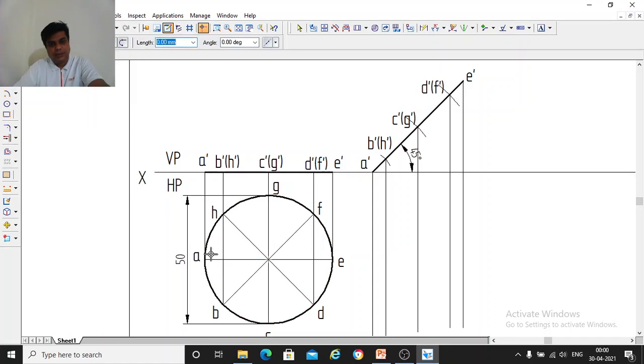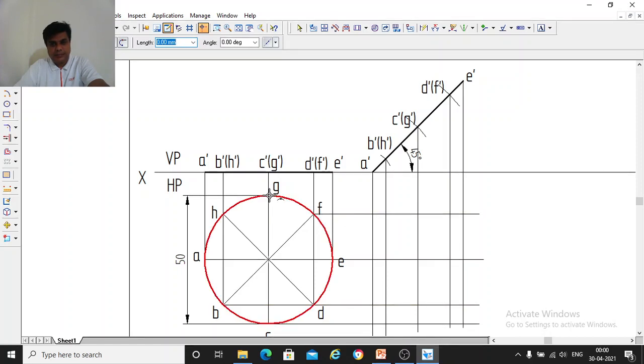So from A you draw it, it will be same as E. So continue this. Then from B, D it will be same, continue here. Then C is there, from C you draw a horizontal line. D anyway it is here, E is there. Then from F you draw one line.